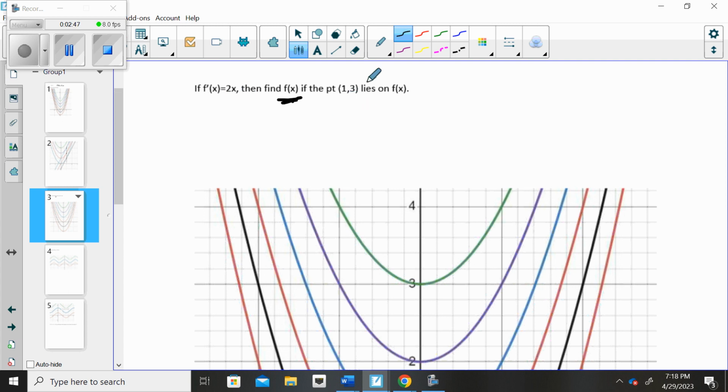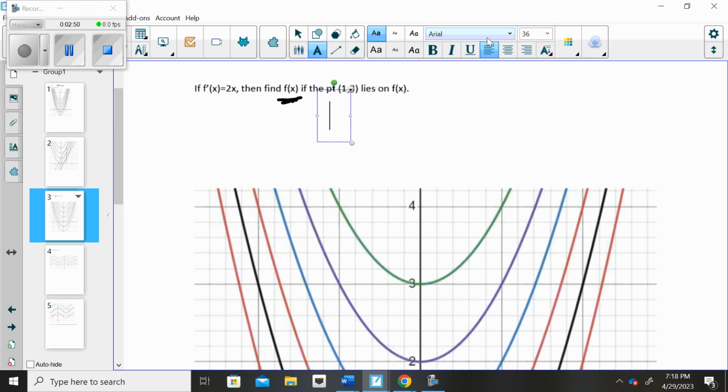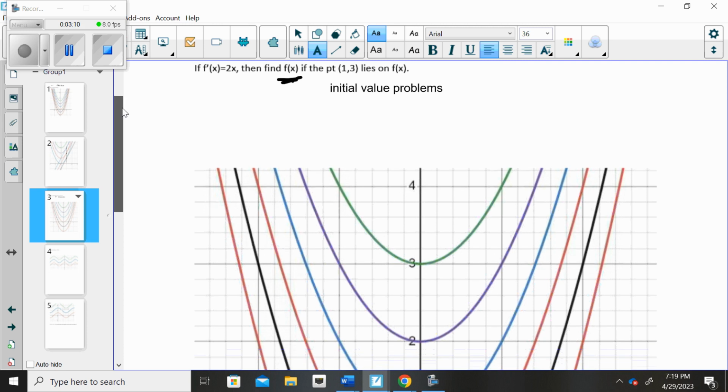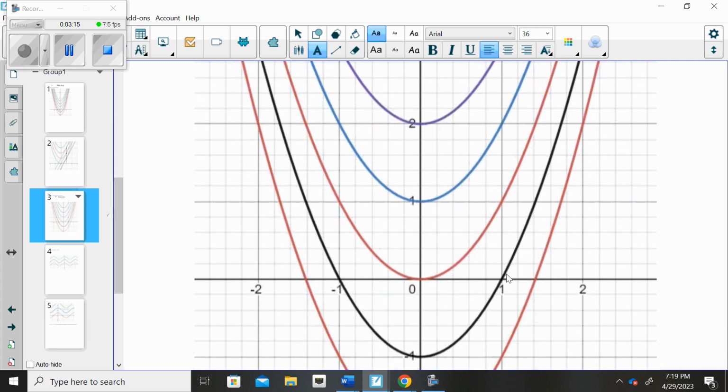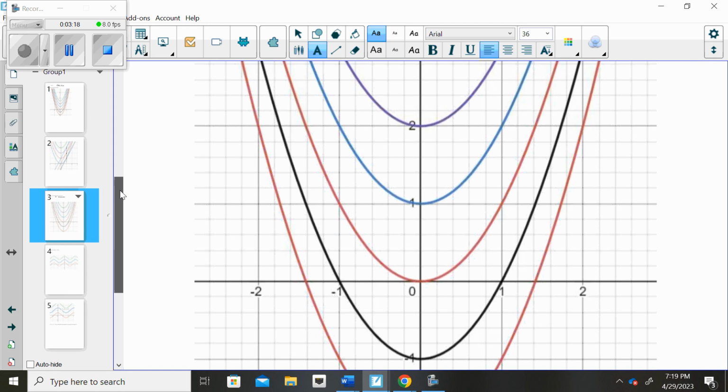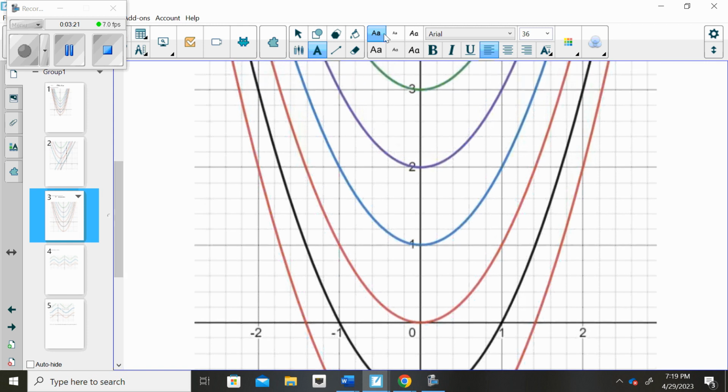If I give you what is known as an initial value, which is why these are titled initial value problems, if I just give you an initial value on the curve f of x, then you know out of the infinitely many possible shifts that I could have here, if the point (1, 3) lies on the curve, so if I can locate that, here's the point 1, I have to get up a little bit more to get to the proper curve. The point (1, 3) is right here.